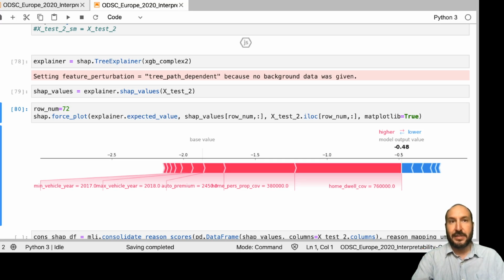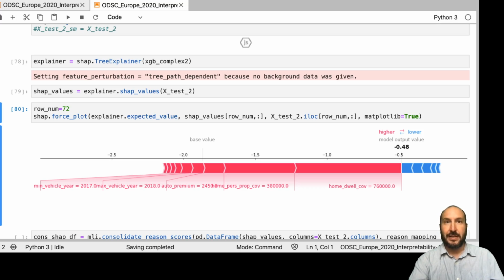The way to think about this is these red bars show me what factors made me more likely, and these blue bars show me what factors made me less likely. If I take the full length of all those red bars and then subtract out the length of those blue bars, I'm going to get exactly the distance between the base value and the model output value.